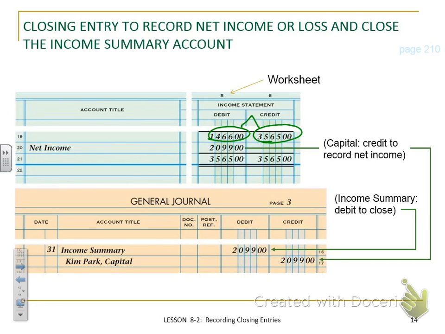So in order to close out that credit balance, we have to debit the income summary by that amount and roll it into our owner's capital account, as a credit, because we're going to increase our owner's capital account.